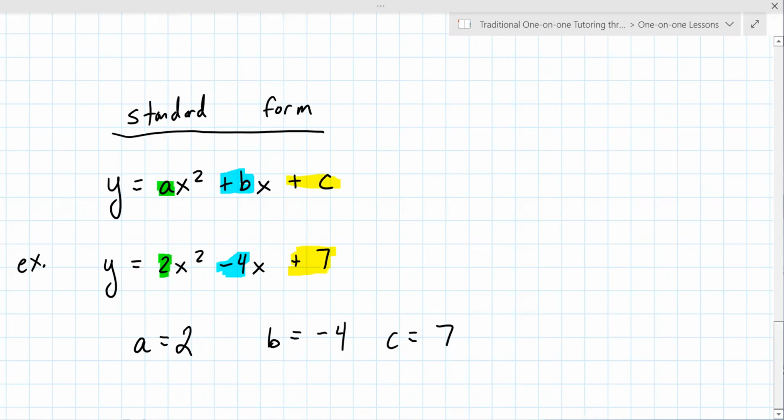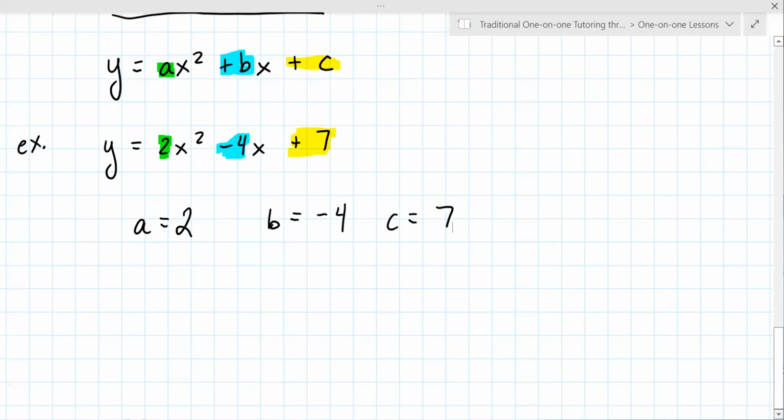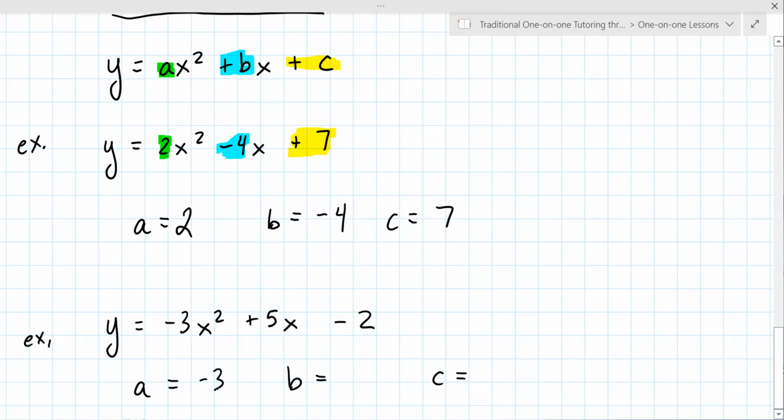Okay, now there's more to do, but for now, I just want us to determine the values of a, b, and c from a given equation. So I'll leave this up here. Let's do another example. Let's say it's y equals -3x squared plus 5x minus 2. Can you tell me the value of a, b, and c, please? a is -3, b is 5, and c is -2.